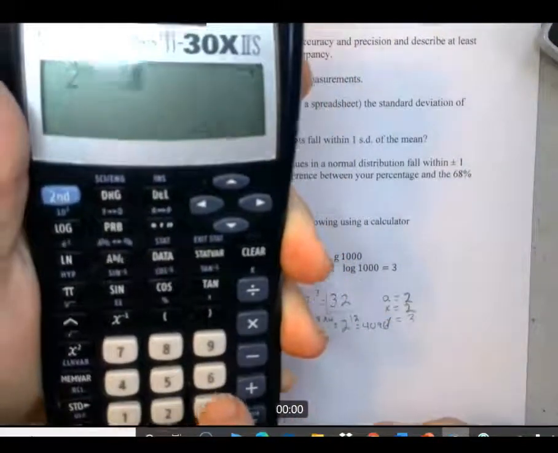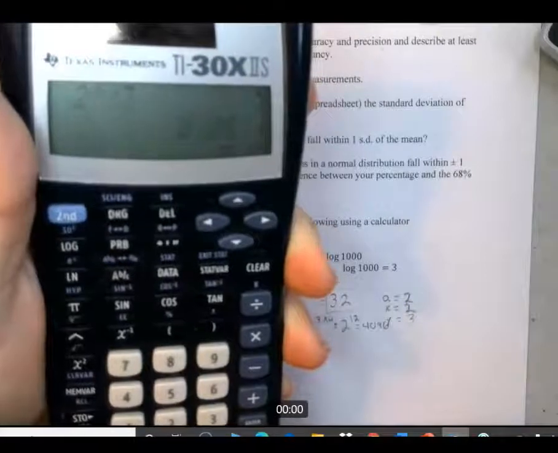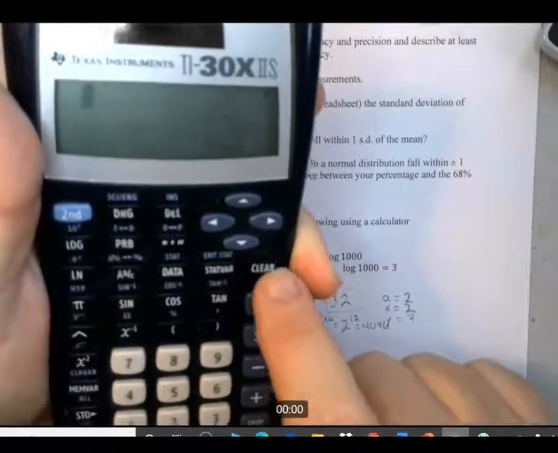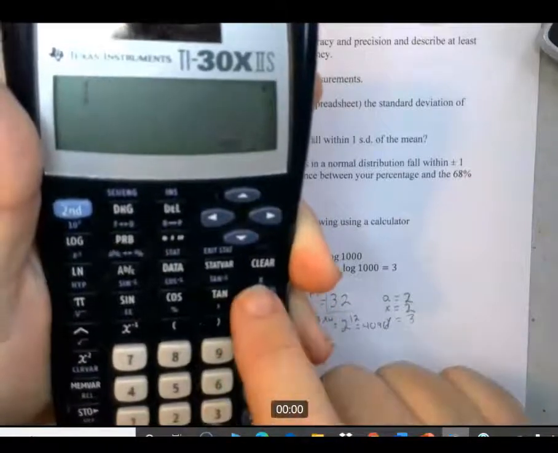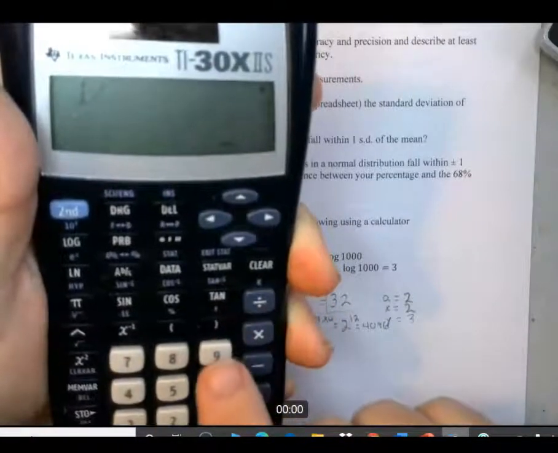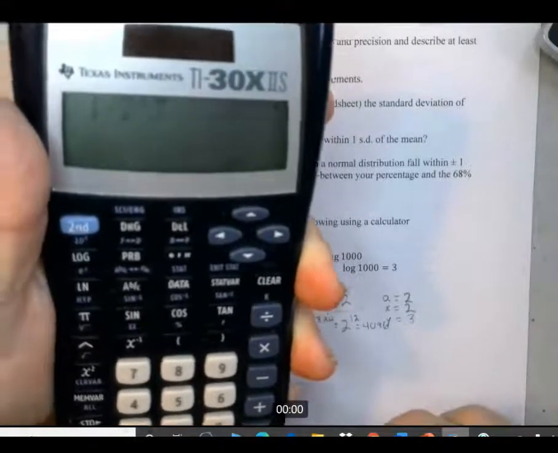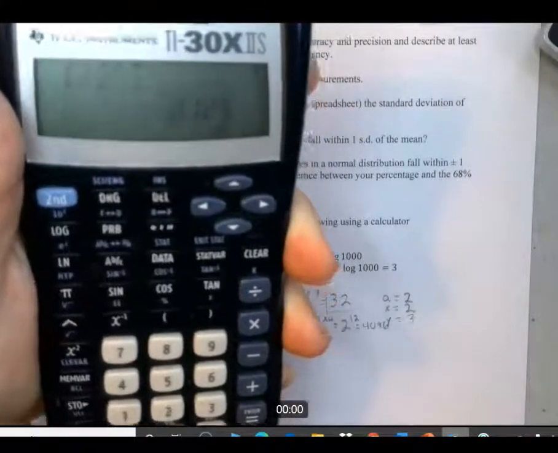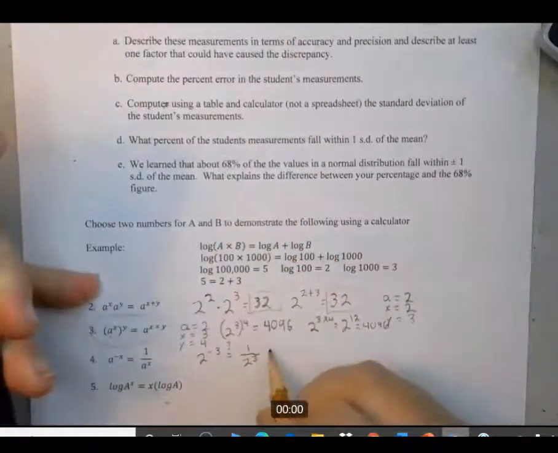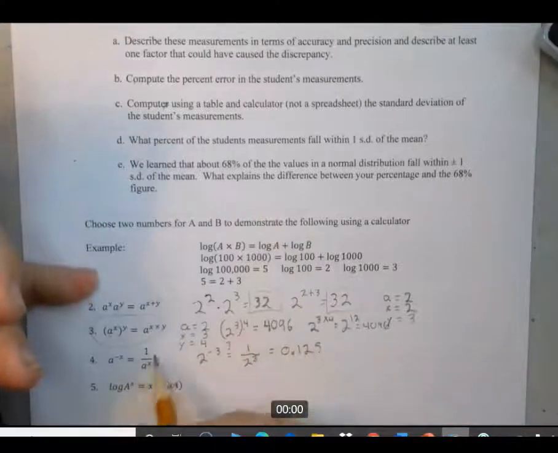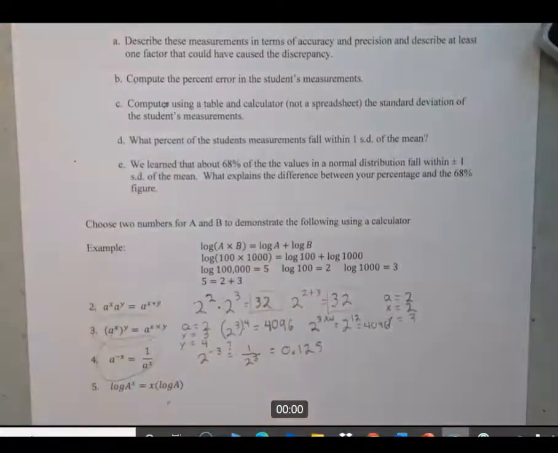Minus 3 equals, and that gives you 0.125. Or I could do 1 divided by, we're doing the reciprocal of that, 2 caret positive 3. And that equals 0.125. So those both equal 0.125. So that's a valid principle.